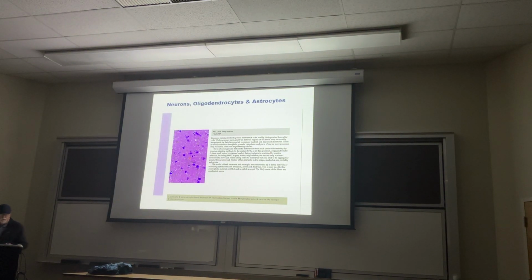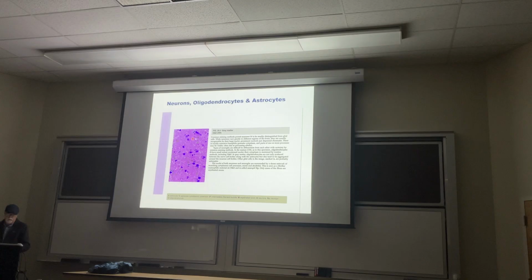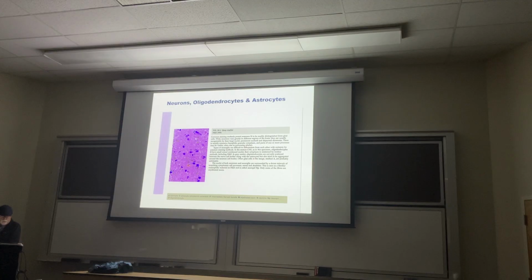This is another image. These slides here where you have comparisons make good questions on exams or tests, because we can differentiate. These are oligodendrocytes, a little smaller, often having a little white space around them, whereas the astrocytes are a little bigger, typically with a little more elongated nucleus that we're seeing there.